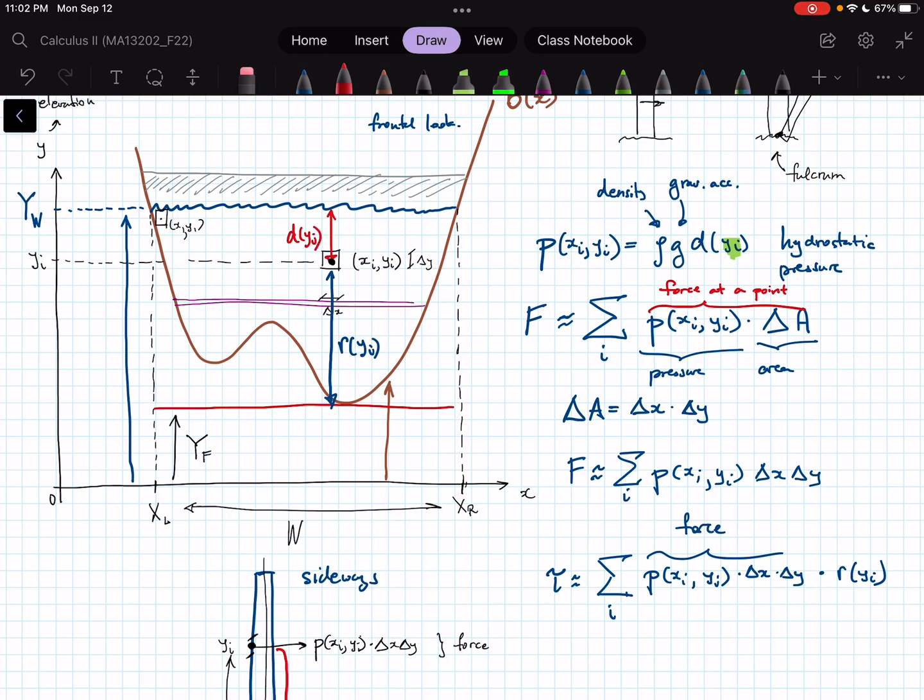So these two quantities, the depth and the arm, are going to be varying only with respect to the location of the test patch, but not with the location x, simply because we're going to imagine that both the surface of the water and the fulcrum are flat constant lines of the constant elevation, and so the only thing that could change d and r is how high or how low we placed our test object.